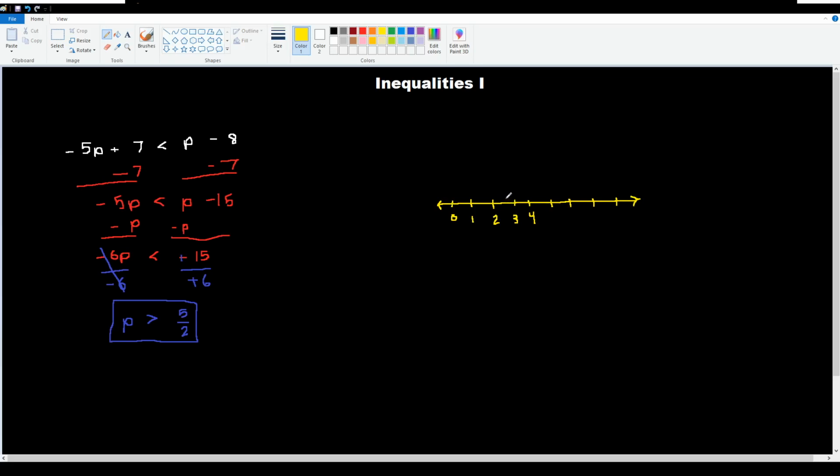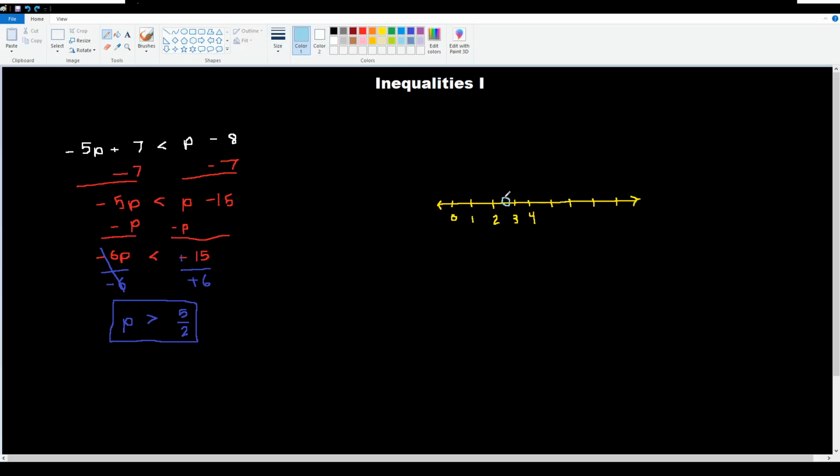Now, because 2.5 is not included in the range of values, instead of putting a dot like we would with, say, an equation solution, we are going to put an open circle. And I'm going to do this in light blue.